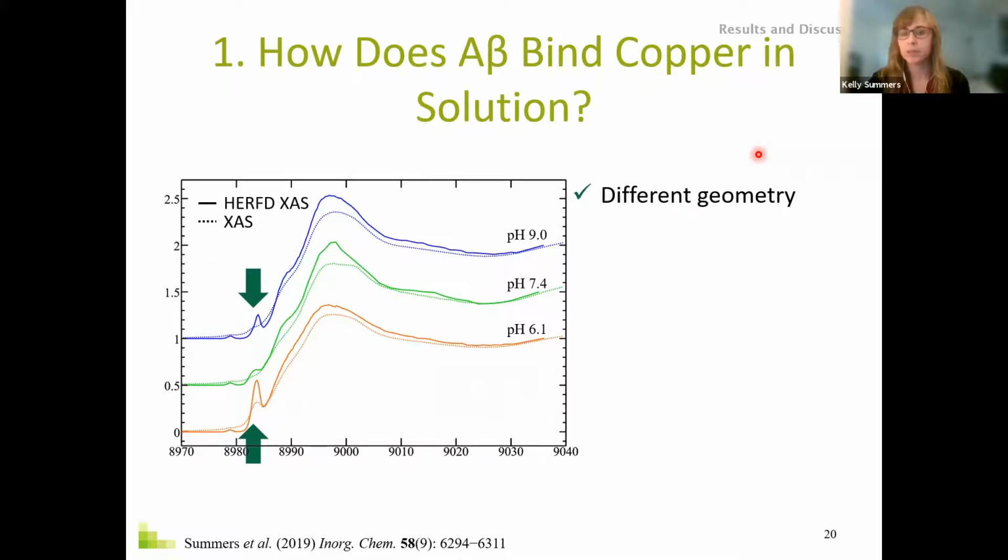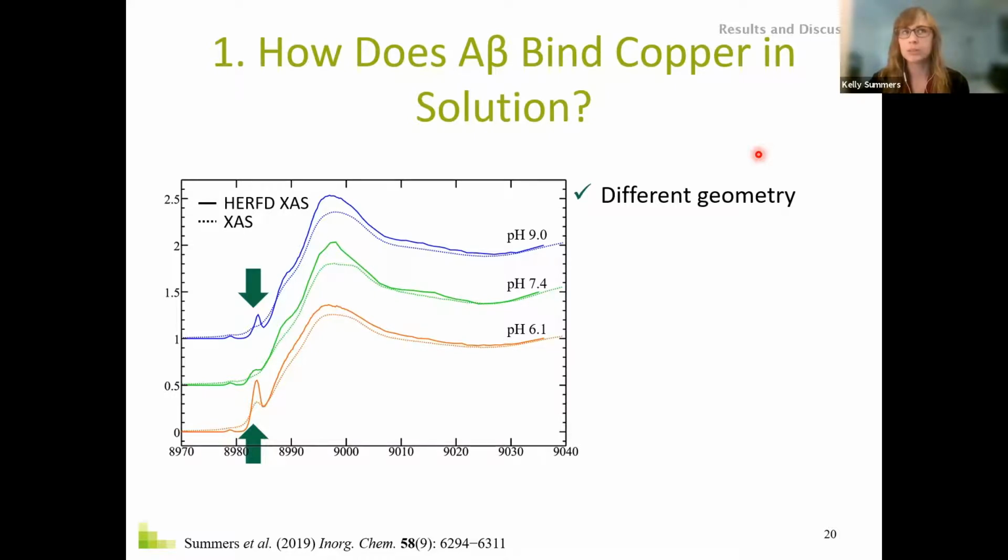Have you considered the possibility that solvent water can bind, or do you have all your ligands from your peptide or your protein? That's a good point, and that's actually something that's been debated in the literature, whether or not water might be contributing to the coordination sphere.